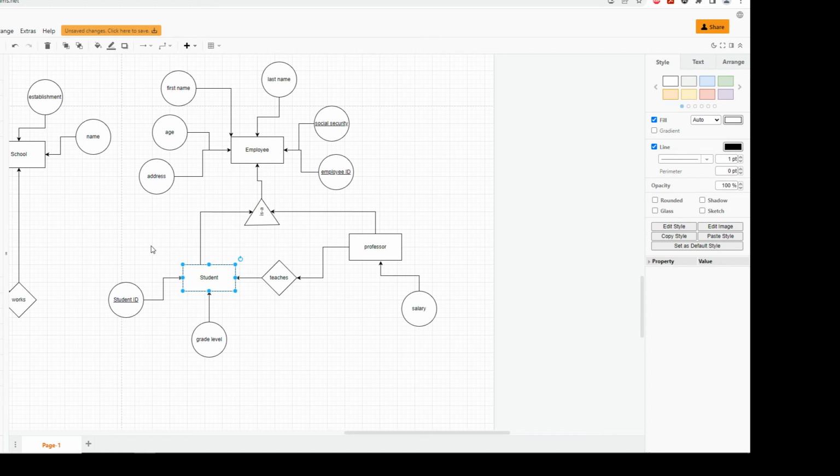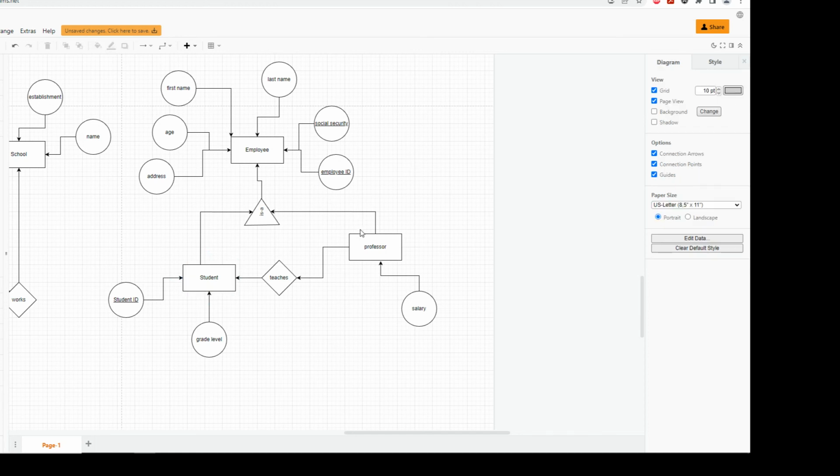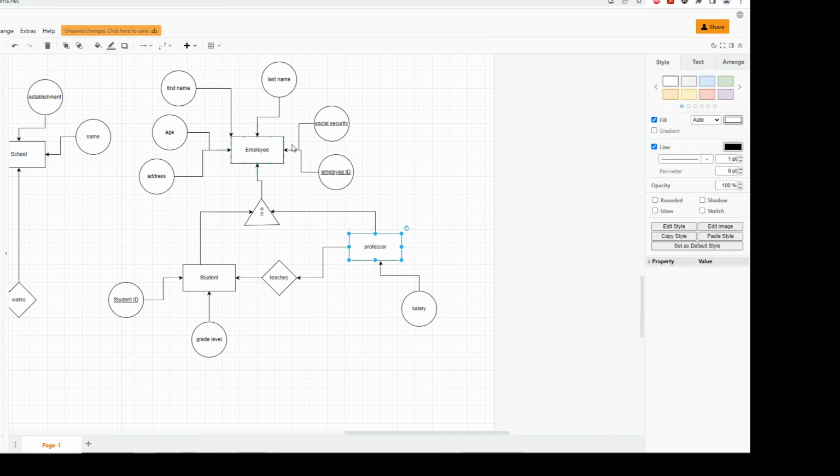Aggregate attribute means when you have more than one attribute of the same type that can uniquely identify that person. So in this case, social security number, employee ID, and student ID are aggregate attributes that could be used to describe the student. But when it comes to professor, you would only have social security number and employee ID to uniquely identify the professor. You see the difference?